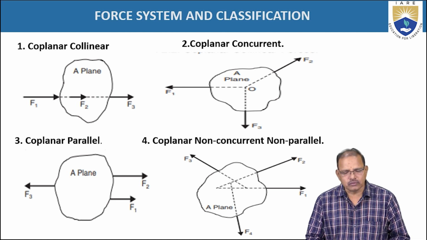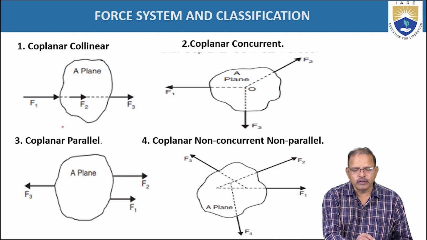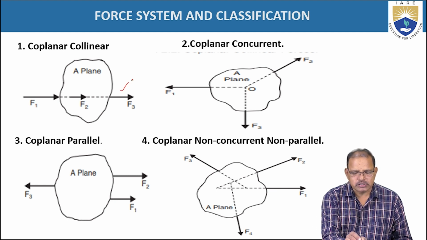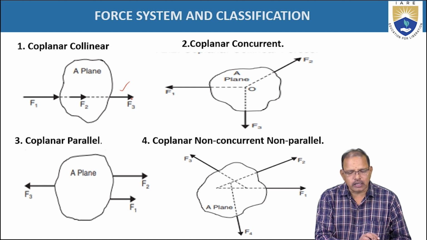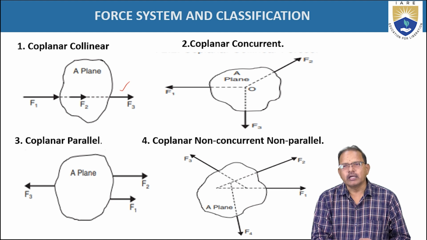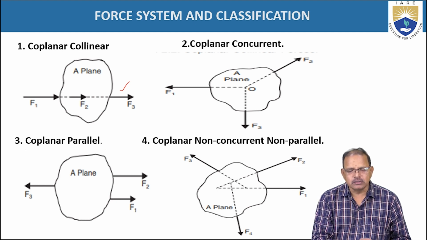Here is an example of collinear forces. Here F1, F2, F3 forces are all acting in the same direction, and the lines of action of the forces are on the same line. Hence, this force system is called collinear, and all are acting in the same plane. These are called coplanar collinear forces.